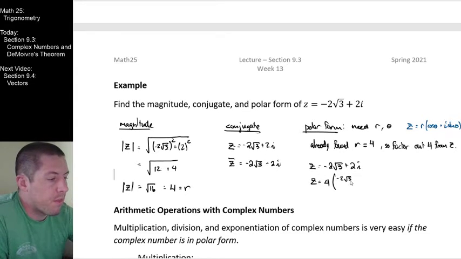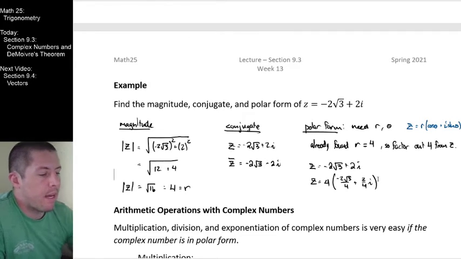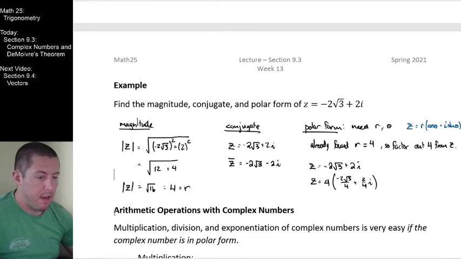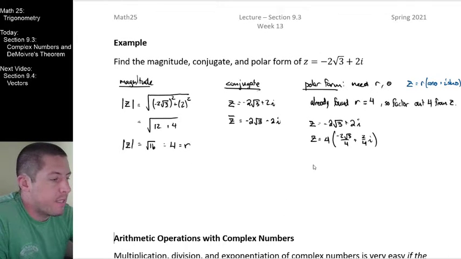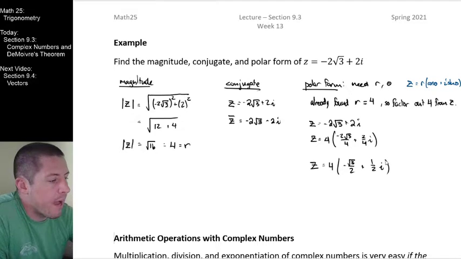So that's negative 2 root 3 over 4 plus 2 over 4i. And now let's simplify this a little bit right here. Definitely need some more room. And what do we see? It seems to me like this is going to be 4 times negative root 3 over 2 plus 1/2 i.